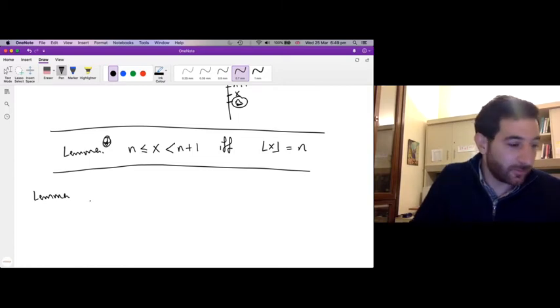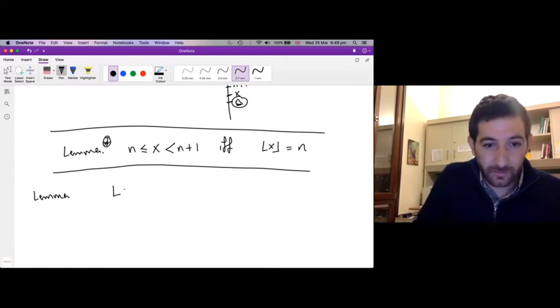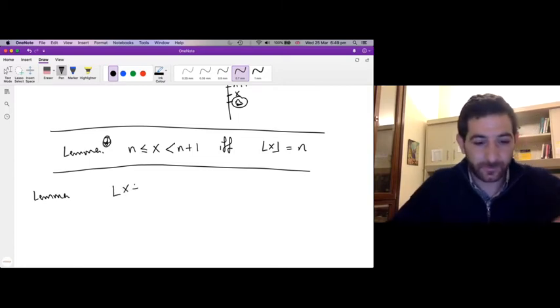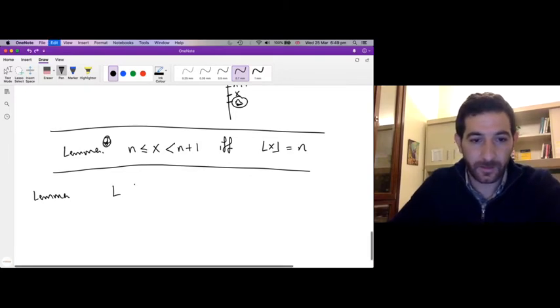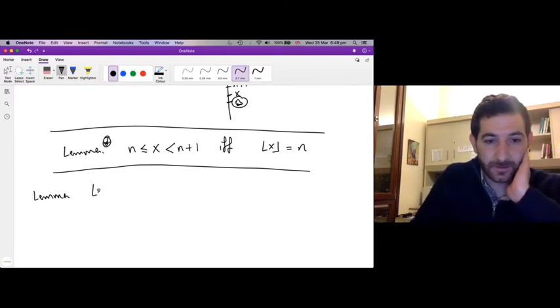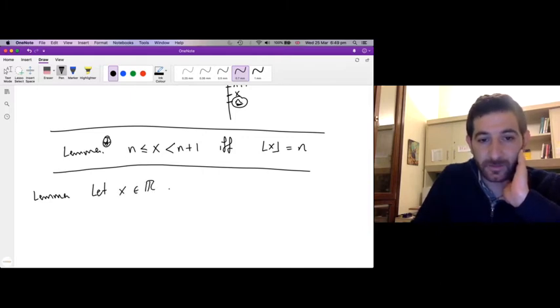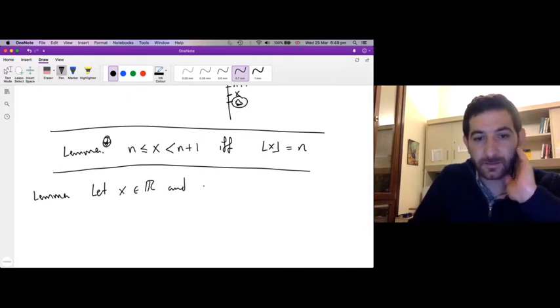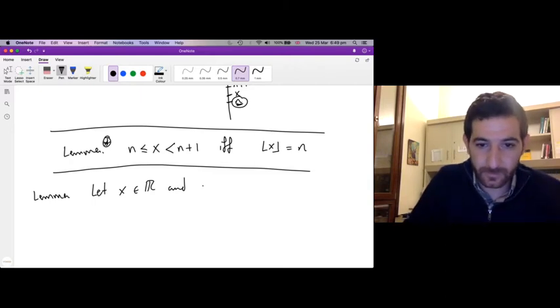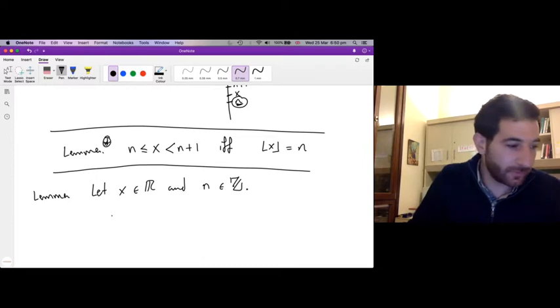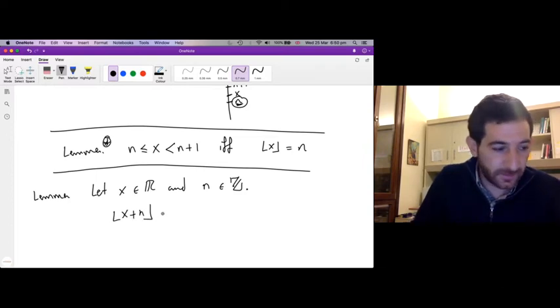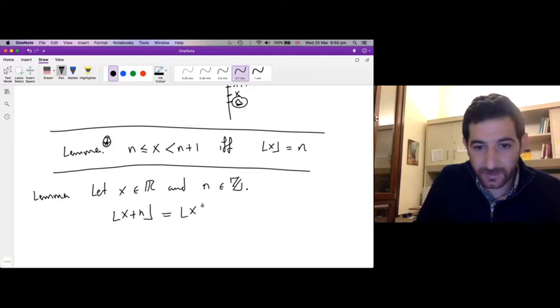Okay, we want to prove that, again, let x be a real number and n an integer. We want to prove that the floor of x plus n is equal to the floor of x plus n.